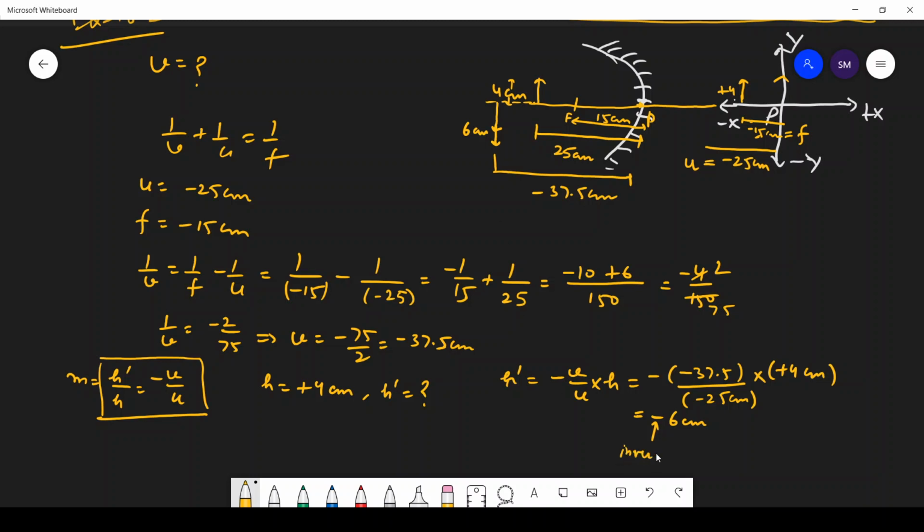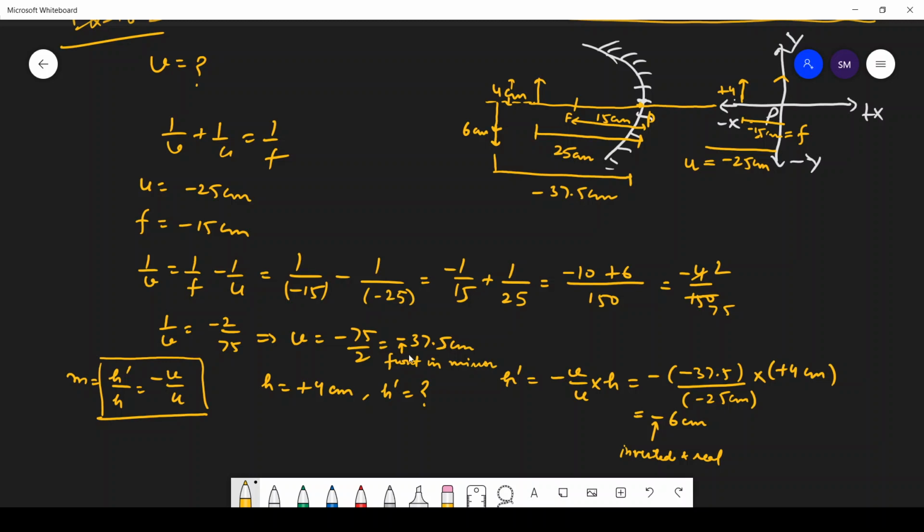And enlarged. So this negative sign is telling you that the image is inverted, and if it is inverted, it is real also. So this v is negative means it was in front of the mirror. So this negative sign was telling you in front of mirror.